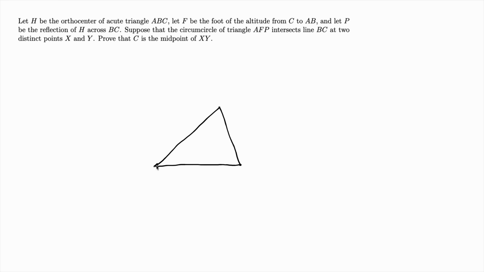A B C. Let F be the foot of altitude from C to AB. So like that's not an altitude. That's not an altitude either. I don't know why, but it's so hard to draw.